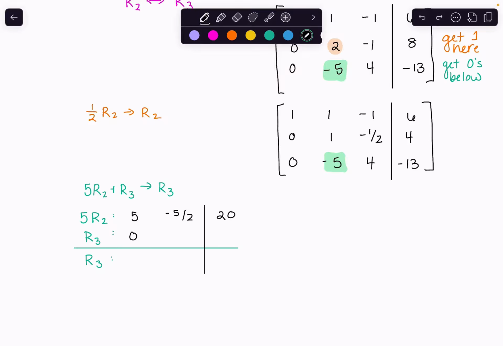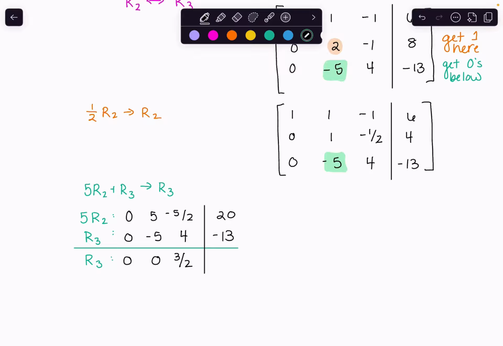Oh, sorry. I didn't write my zeros in my first spot because in my brain I did 0 times 0 gives me 0. Then my row 3 is 0, negative 5, 4, negative 13. So adding those together gives me 0, 0. And then 4 turns into 8 over 2 minus 5 over 2, which gives me 3 over 2.